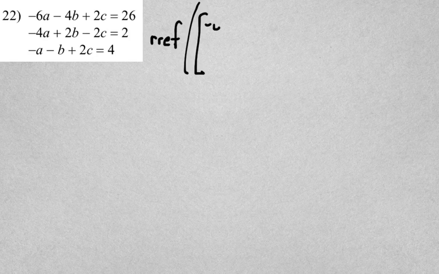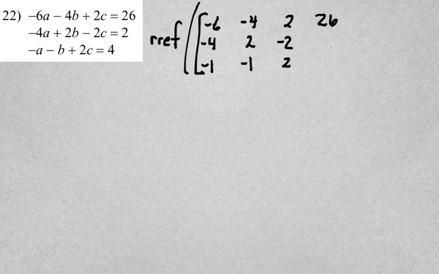And I have negative 6, negative 4, negative 1, negative 4, 2, negative 1, 2, negative 2, 2, and then 26, 2, 4. Close my matrices and close my parenthesis.